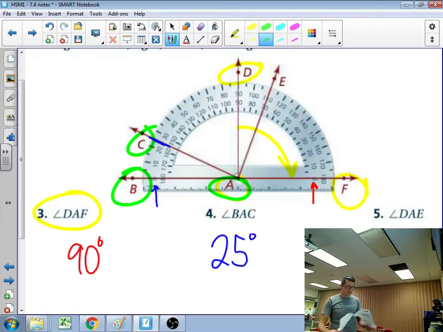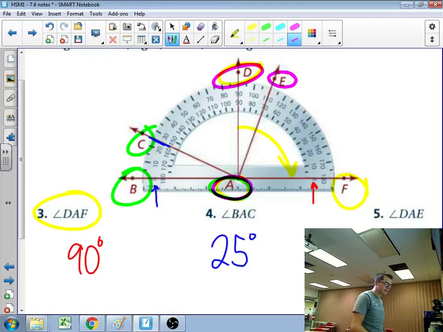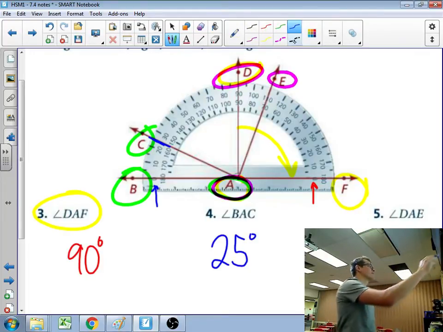Now DAE is where this actually gets challenging. So DAE, I'm going to highlight in purple, D through A up to E, so we see that neither of these are at the 0. So I'm going to have to use that absolute value expression. I find out where D and E are, and again, this is when you can choose your set of numbers. Apparently my green pen is not working today.